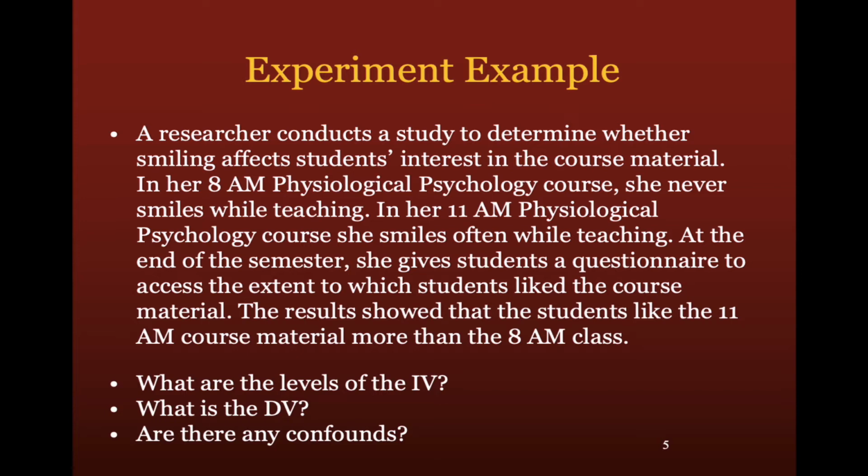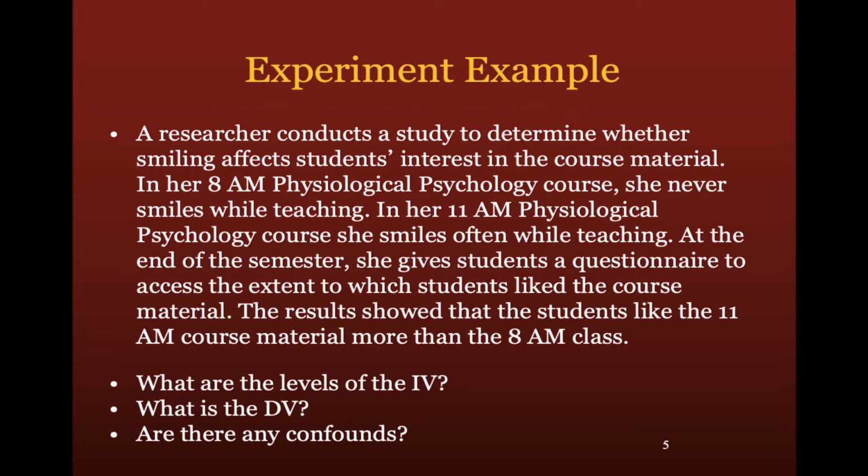Right? So one of the goals of an experiment is to eliminate confounding variables. You address some of those confounding variables by having random assignment. That gets rid of individual differences. But confounding variables can also be things that vary along with the independent variable. So if you look at it carefully, in the 11 a.m. course, she's smiling, whereas in the 8 a.m. course, she's not smiling.